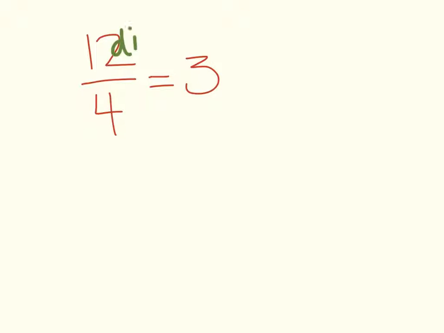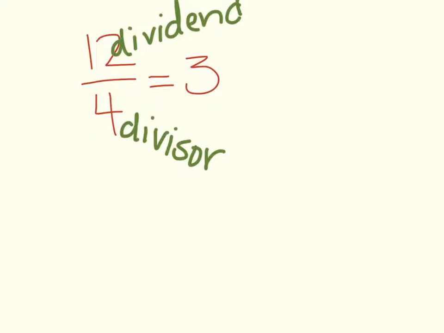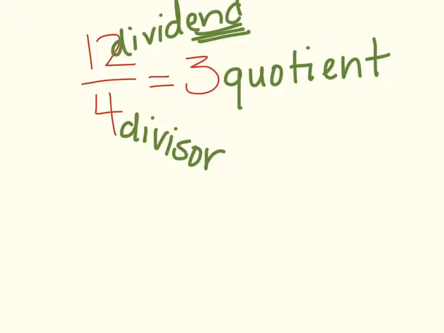So this is our dividend, our divisor, and our answer is the quotient. So dividend, divisor, and quotient. If you can always remember to start with the end, you will be reading all division problems correctly.